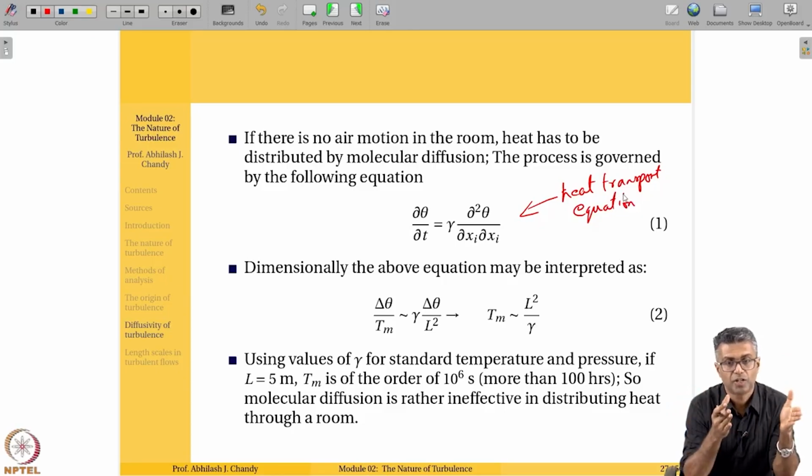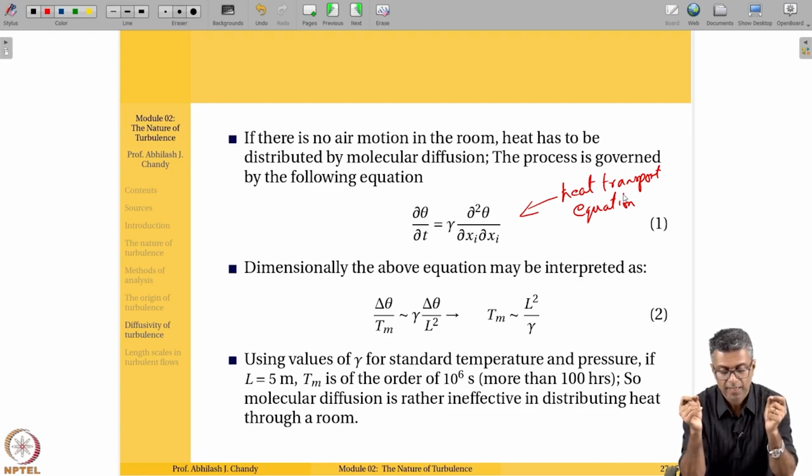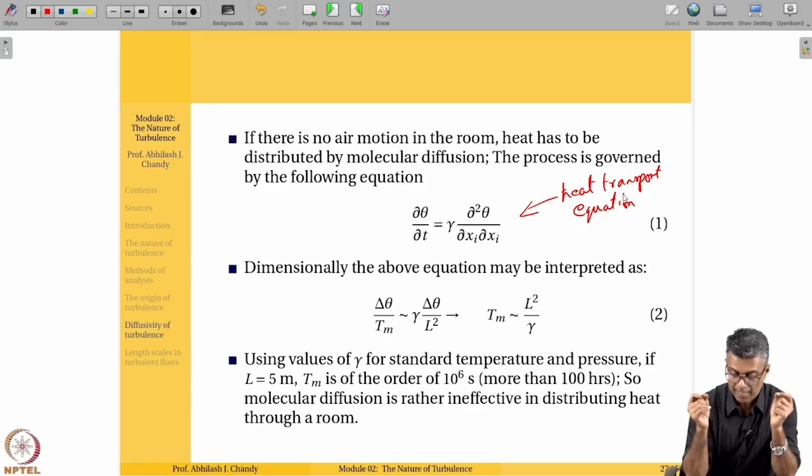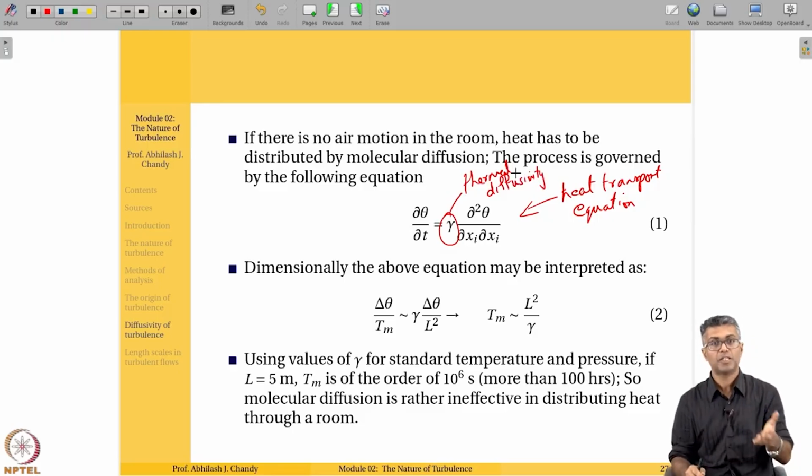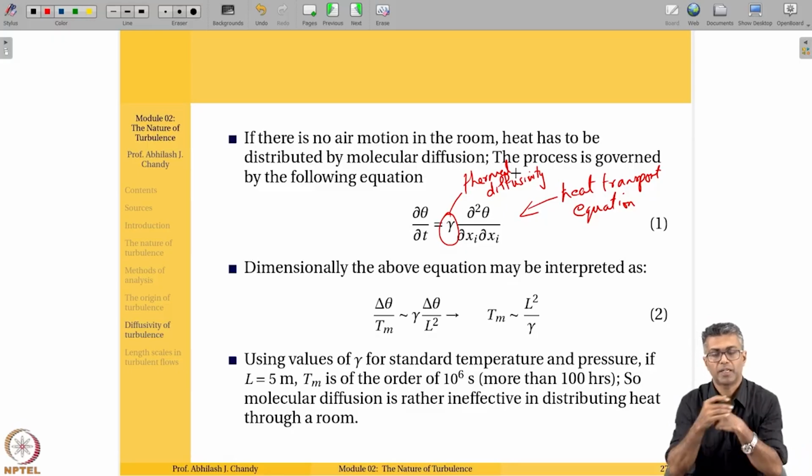You have the unsteady term on the left and you have the diffusion term on the right. Remember, advection does not exist because there is no air motion. So you have del theta del t is equal to gamma times del squared theta del xi del xi. What is gamma? Gamma would be the thermal diffusivity. So it's a property of the fluid, in this particular case air. Del theta del t is gamma del squared theta del xi del xi.